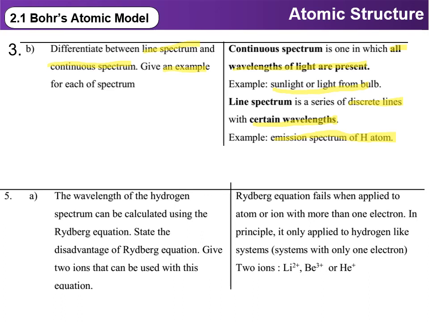Next, question 5a: state the disadvantage of the Rydberg equation. Do keep in mind that the Rydberg equation can only explain atoms or ions with 1 electron.